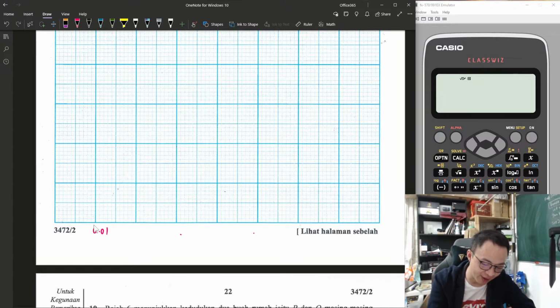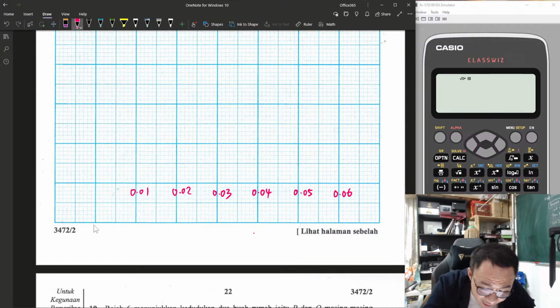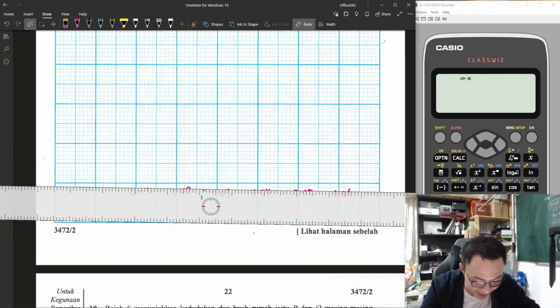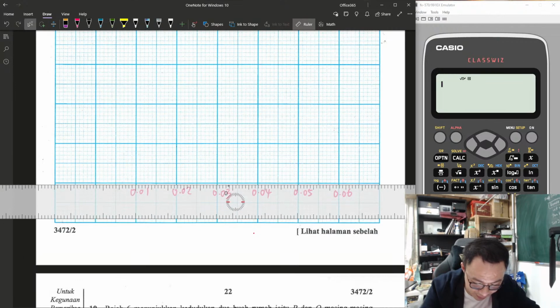More than enough space. Then I start from inside: 0.01, 0.02, 0.03, 0.04, 0.05, 0.06. Should be enough. Okay, I have a ruler function. Let me just rotate this ruler, even though I'm not sure how to use it, but I guess I know how to use it.